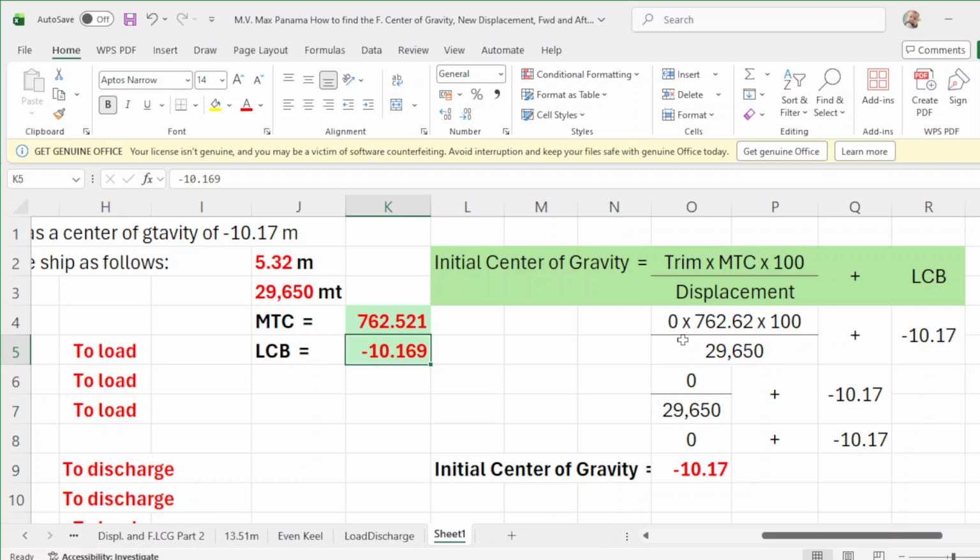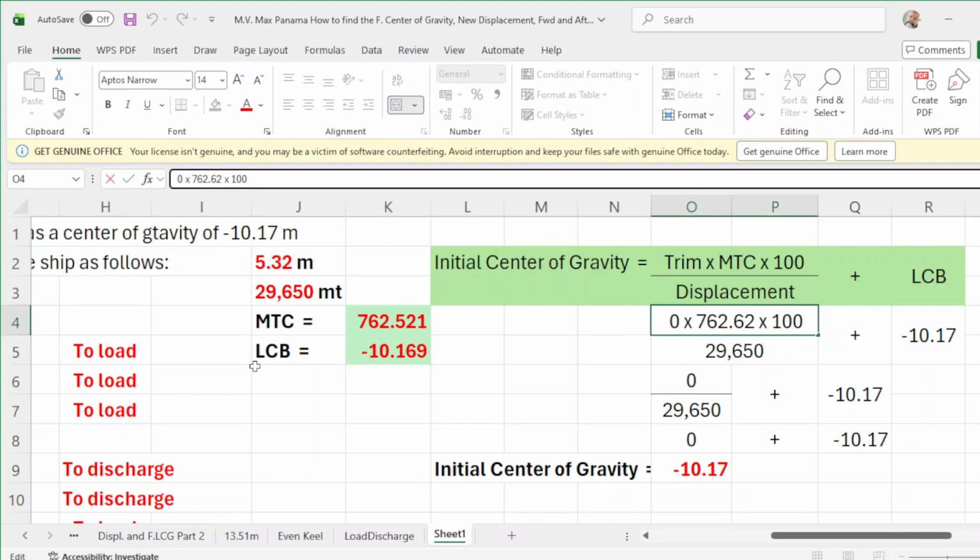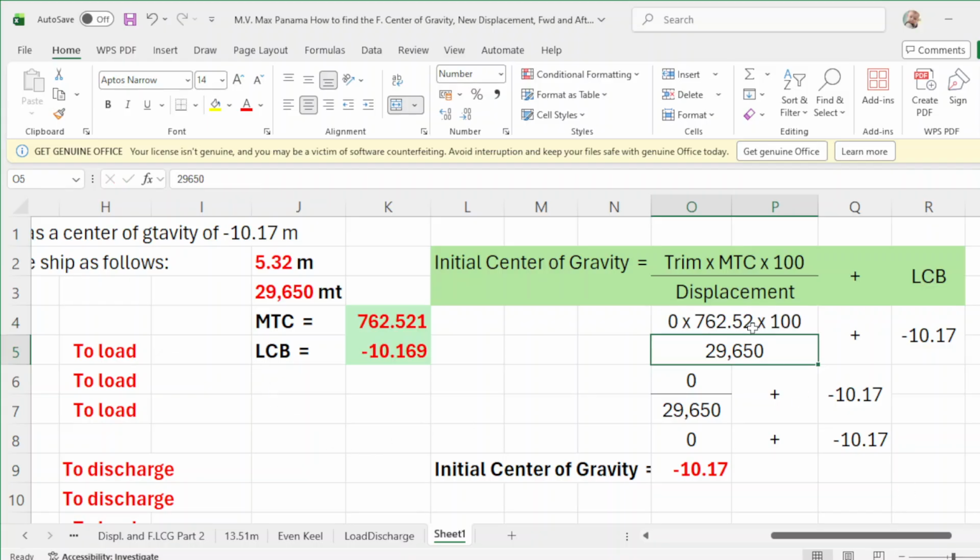So what is your trim? This is even keel, so it's 0 times 76252, times 100 over your displacement of 29650, plus your LCB.